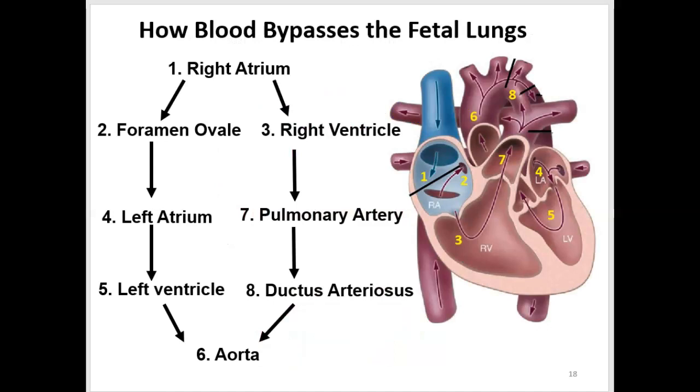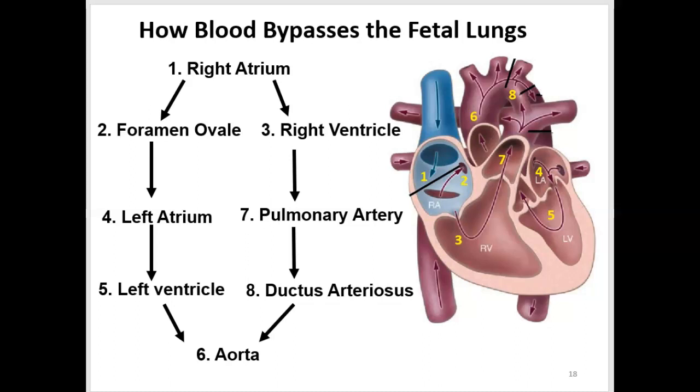This diagram reviews the path that blood travels through the fetal heart. First, notice that oxygenated blood and deoxygenated blood reach the right atrium. In the primary route, most blood travels through the foramen ovale to the left atrium. From the left atrium, blood moves to the left ventricle, which pumps blood out the aorta.